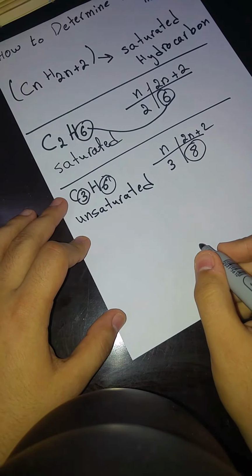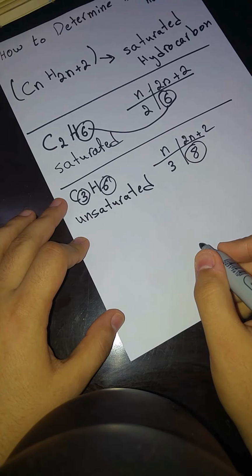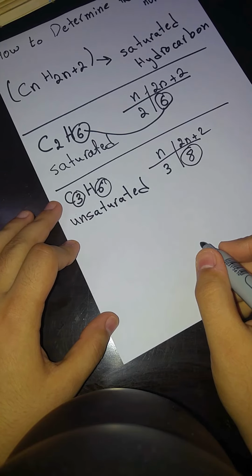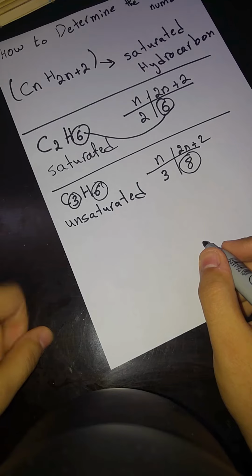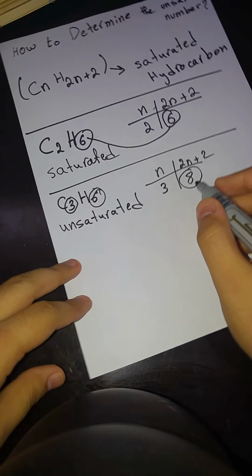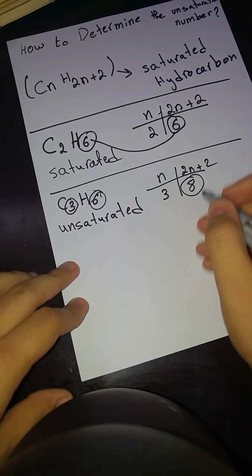The word unsaturated means that it either makes a cycle, or it has a double bond, or a triple bond. These are the three states of unsaturation. Now, how to know what the unsaturation number is?